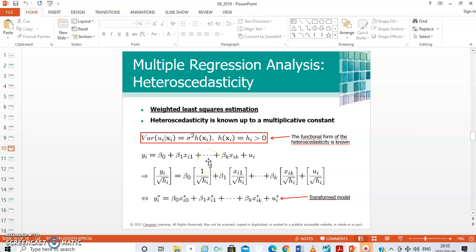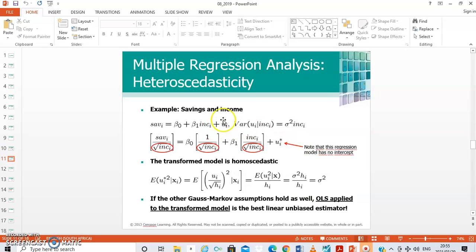We take hi to be the divider, to use as a way to divide each variable. By assigning weights to each variable, we transform the model, and then it becomes this, and we indicate it with asterisks. This is basically now a transformed model, and it also shows that the functional form of the heteroscedasticity is known.